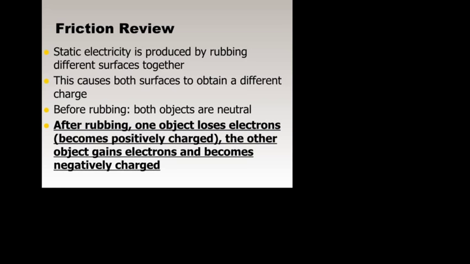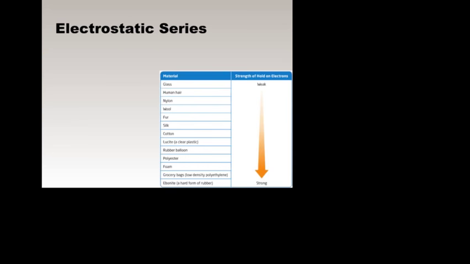So which one becomes positive and which one becomes negative? Well, in order to figure that out, we look at our electrostatic series. The ones that are higher up here have a very weak hold on their electrons.